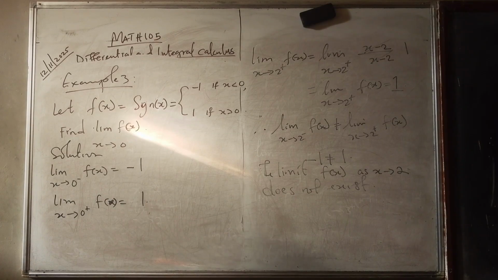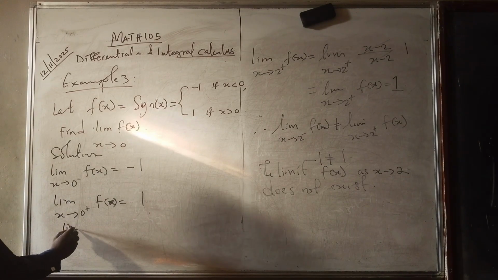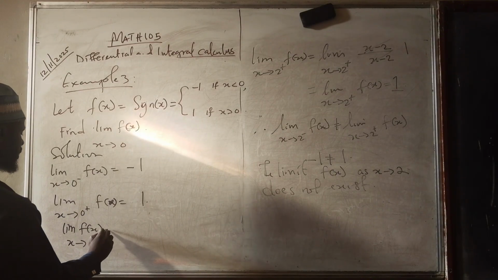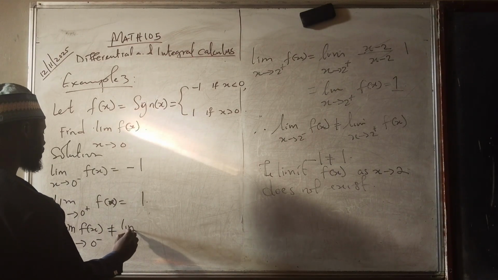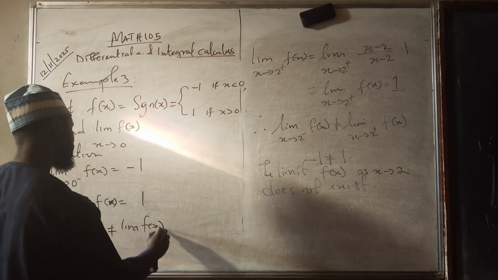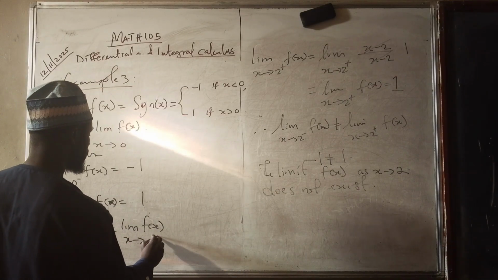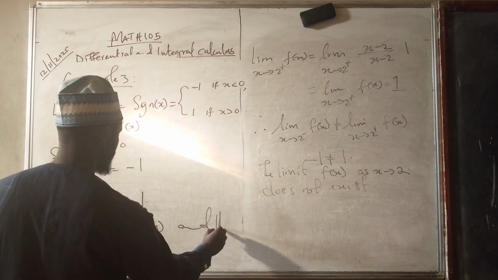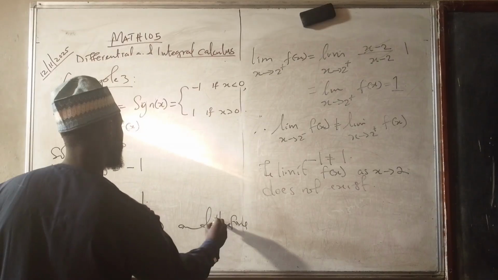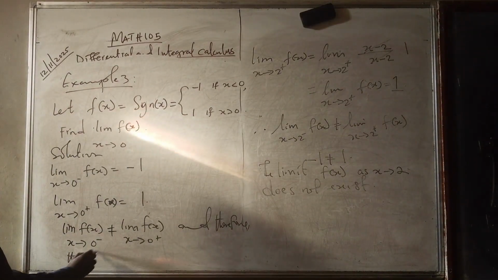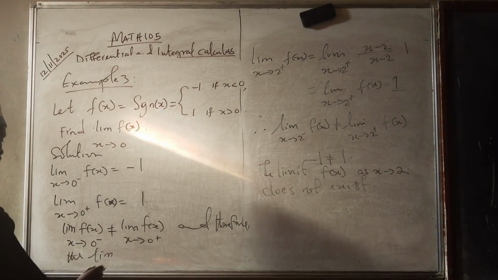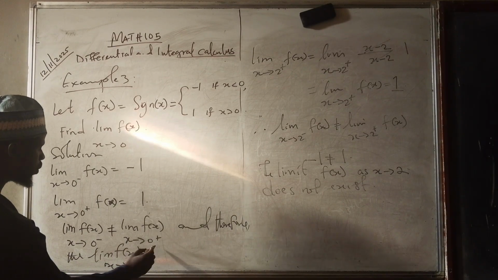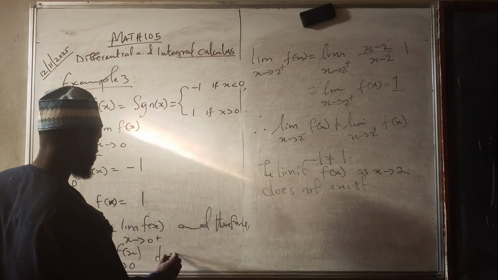So it is clear that the limit of f of x as x tends to 0 from the left is not equal to the limit of f of x as x tends to 0 from the right. And therefore, the limit of f of x as x tends to 0 does not exist.